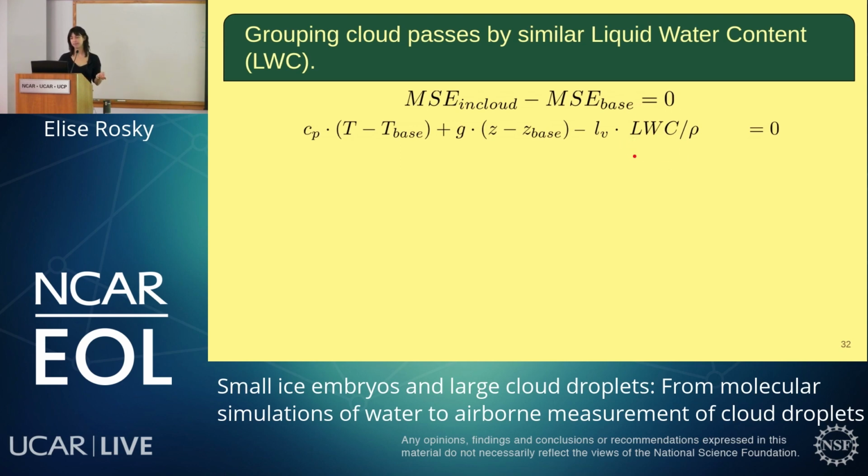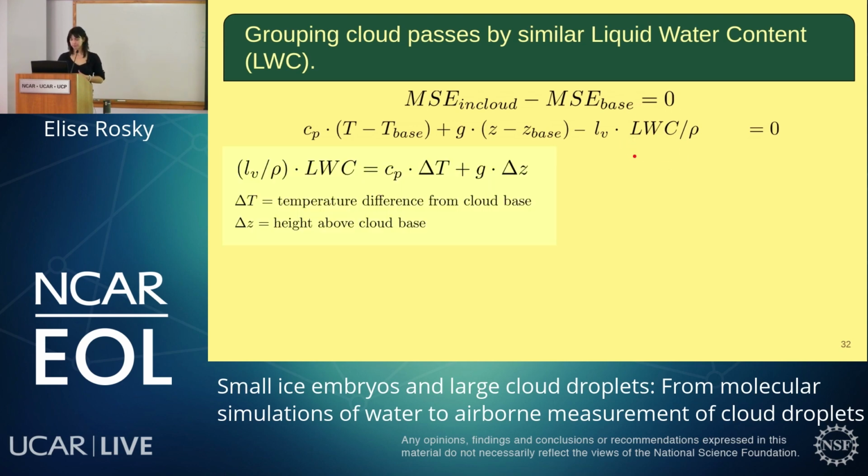content at that height. So if I group my cloud passes into making sure they have the same liquid water content, then if the cloud passes at a greater height within the cloud, then the temperature above the cloud base will be smaller.